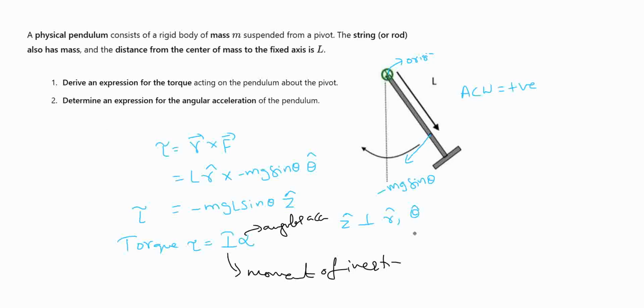So the expression for angular acceleration alpha will be minus mgl sine theta by I. So we have to calculate the moment of inertia, and then divide by it, we will get angular acceleration.